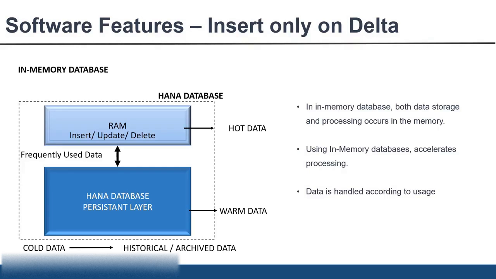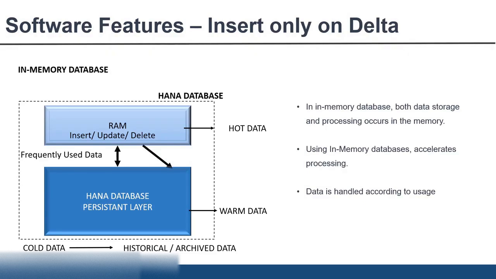Now the hot data is already there in the RAM. So obviously the change has to happen in RAM. But then if you do the changes in RAM and if your connection goes off, then whatever changes are done will be lost. So what is the solution? What SAP does is, if the user starts changing or deleting or adding records in hot data, the changes are done directly in RAM.